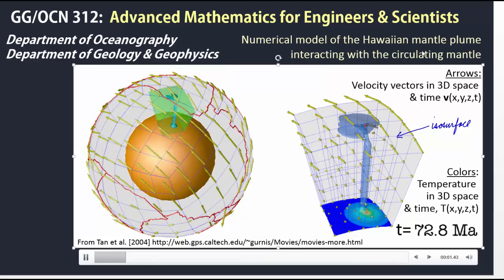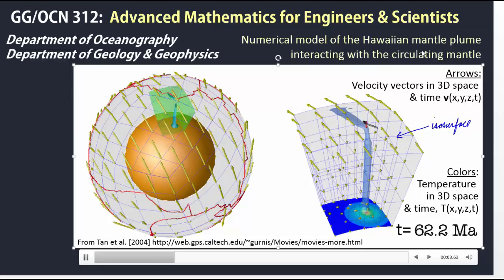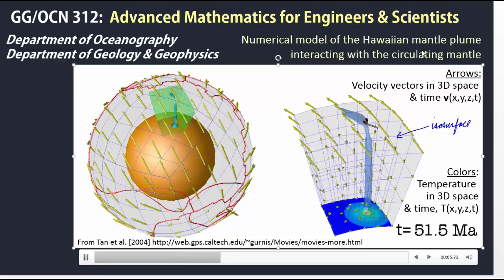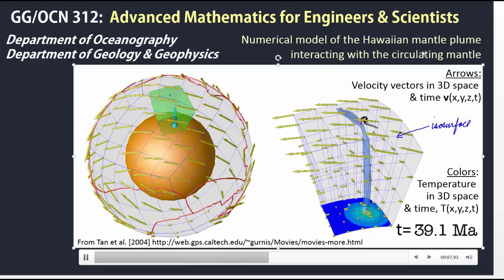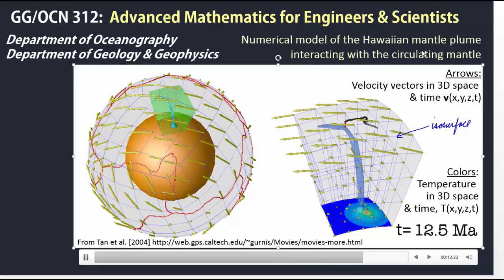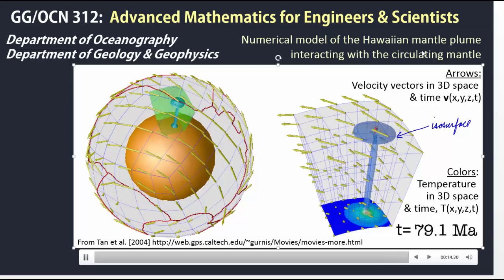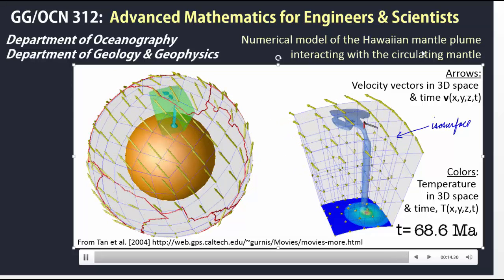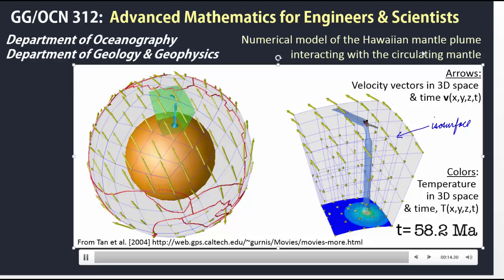So this is also an illustration of how powerful mathematics and computational methods have become in simulating somewhat realistic Earth-like processes. If you get into this more, you'll see more of these diagrams.